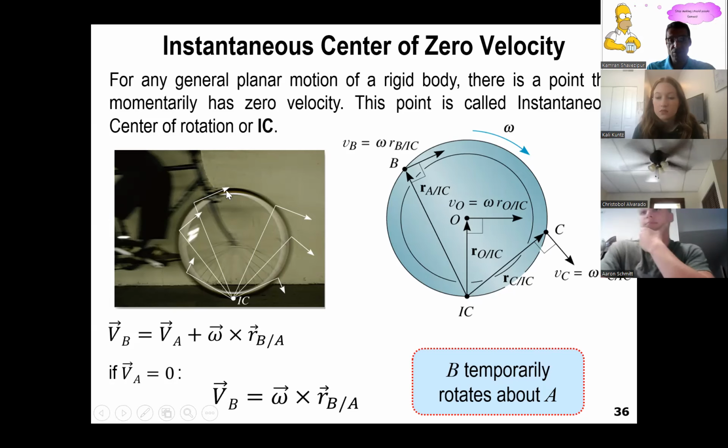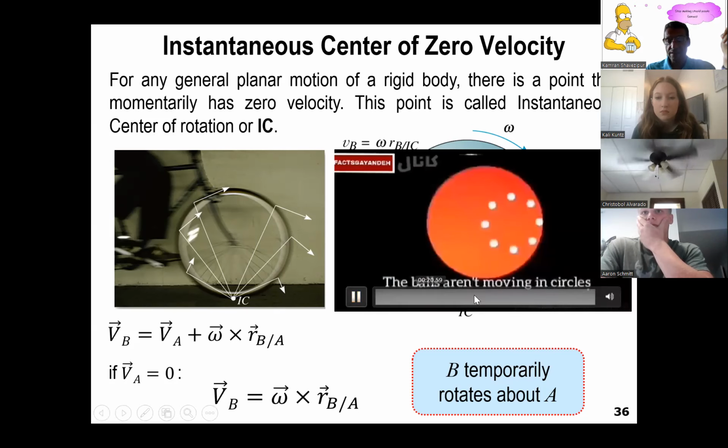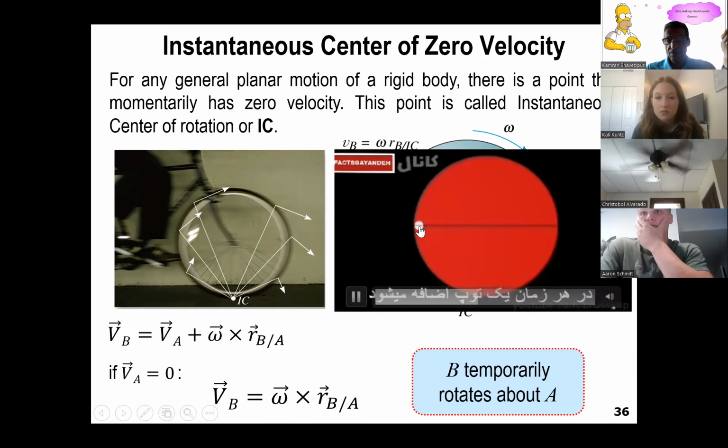Which means if this is the tire of your bike, you're standing somewhere, yes. But as this rolls, it has zero velocity, and then suddenly it immediately moves. Let's just look at this again. You see, it stops but goes back. The velocity decreases, gets to 0, and then increases.